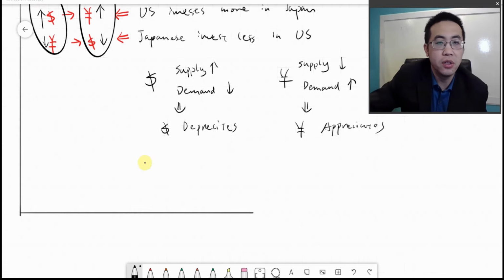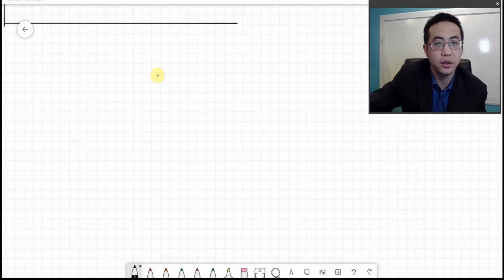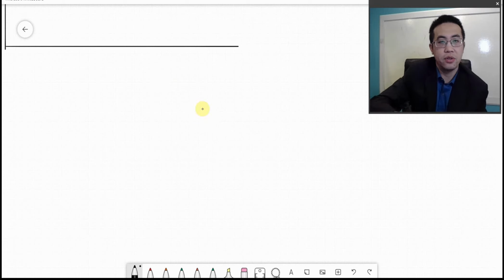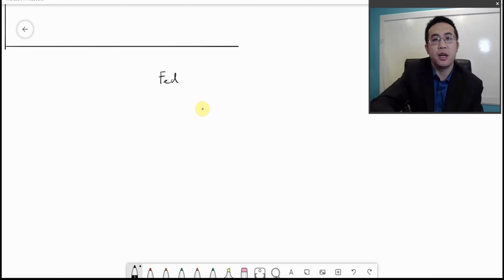And talking about central bank intervention, we have a central bank, the Federal Reserve. And the Federal Reserve can only intervene if they are adopting a fixed exchange rate regime, which I will talk about later. A fixed exchange rate regime is about the dollar having a very stable exchange rate against a major currency, let's say the British pound.